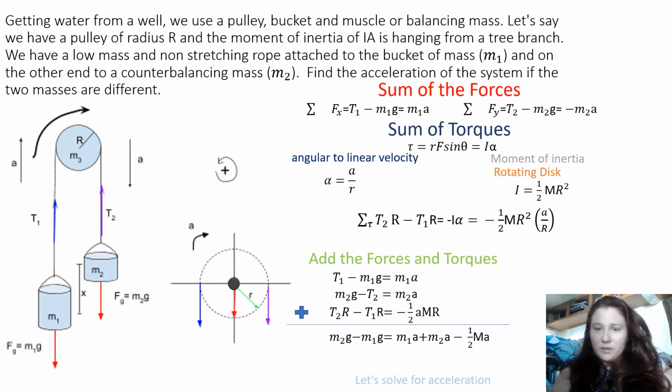And my face is going to be in the way of the answer, so I'm going to turn off my camera. Okay, so let's solve for acceleration. Acceleration equals gravity times mass 2 minus mass 1 over mass 1 plus mass 2 minus 1/2 the mass of the pulley.